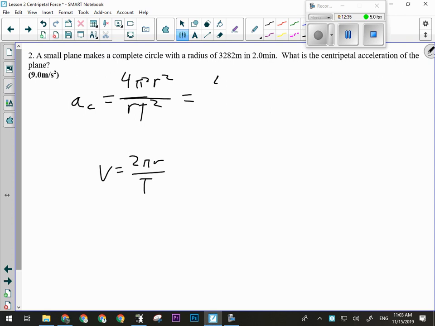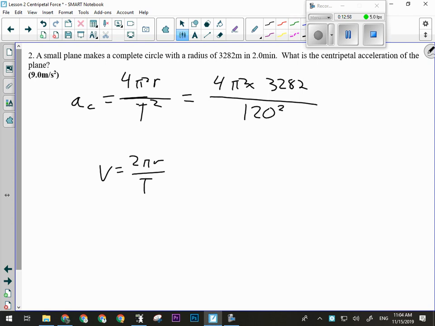So I'm going to go 4 pi squared times 3,282. Actually not squared, because I've got an r on the top, so the squared cancels. This r goes away. So I'm just going to have 3,282 over 120 squared.